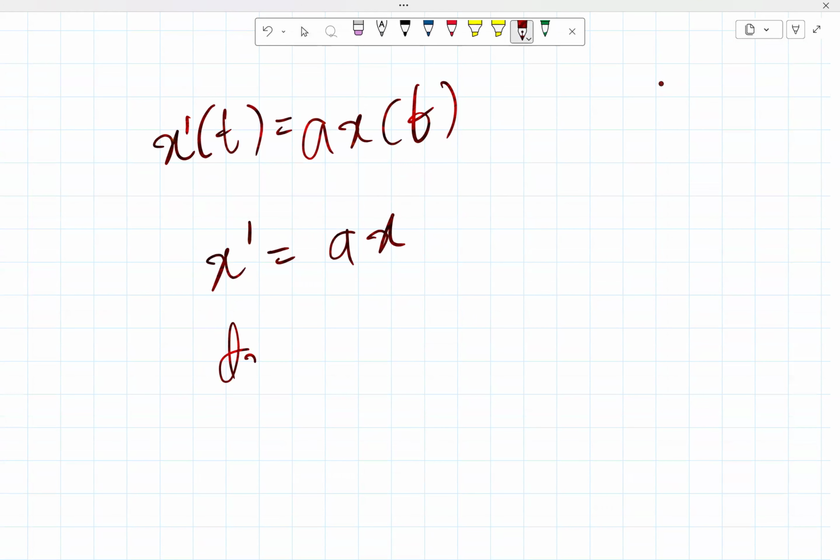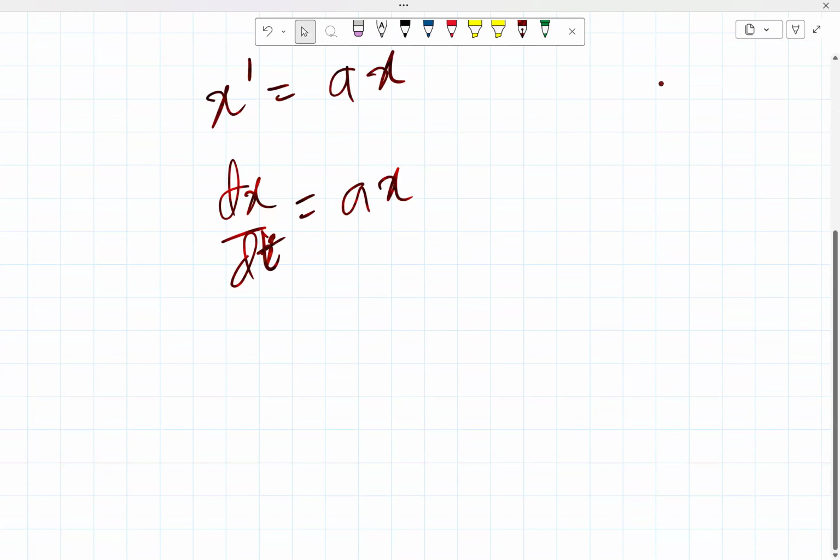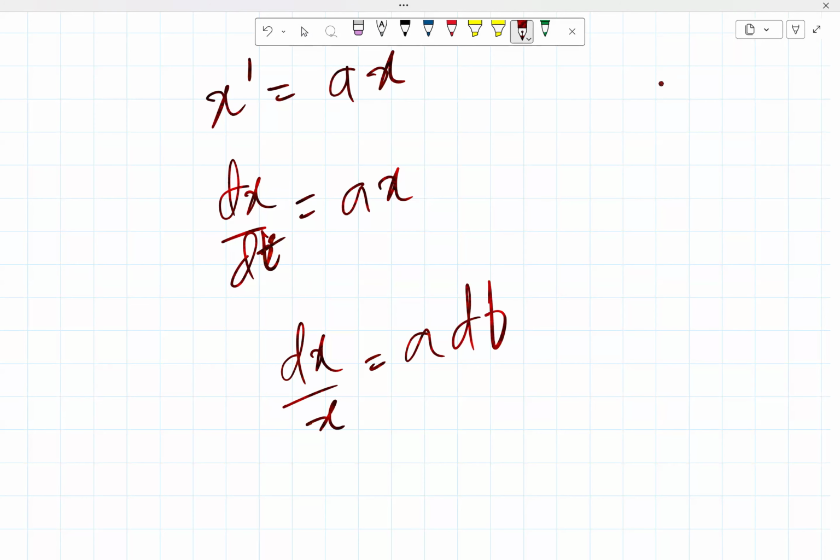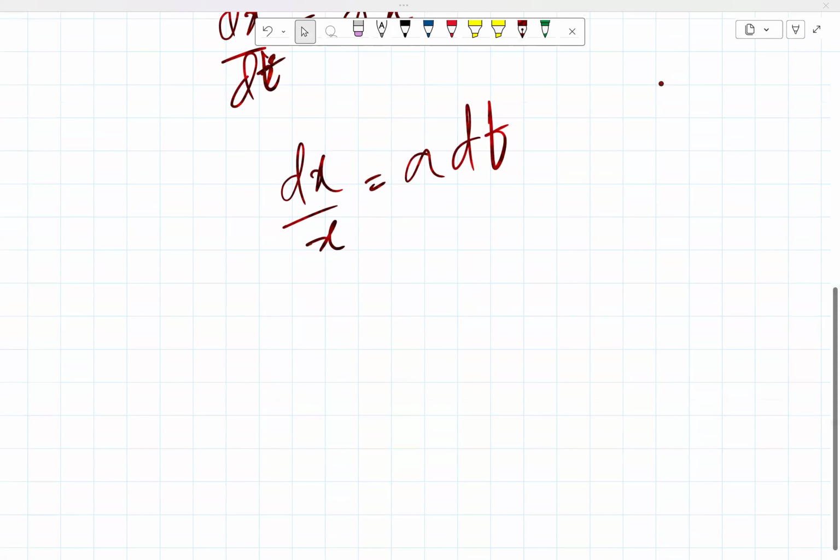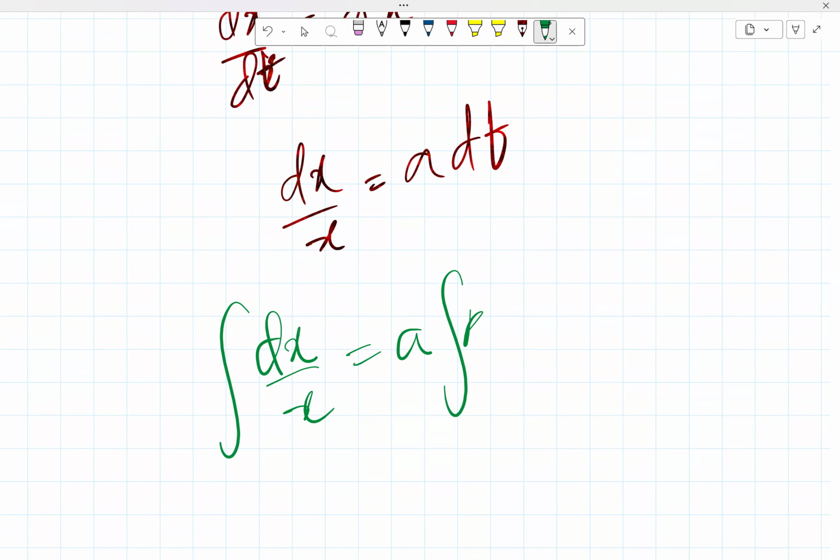This is as good as saying dx/dt is equal to ax. So we can divide both sides by x so that we have dx over x equals a dt. Then we can integrate both sides. So we have the integral of dx over x equals a times the integral of dt, because of course a is constant.